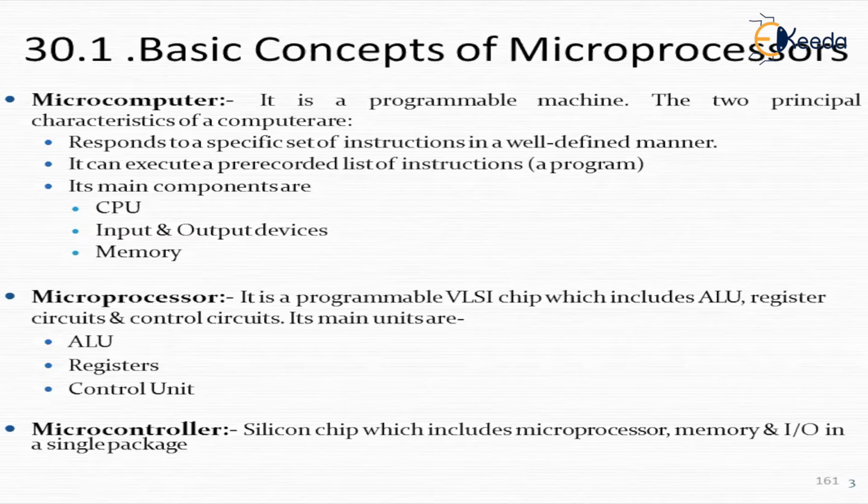It consists of the ALU, registers, and the different control units that control the entire operation and task. And what do you understand by microcontroller? It is a silicon chip which includes the microprocessor, linked with memory and I/O in the same package.